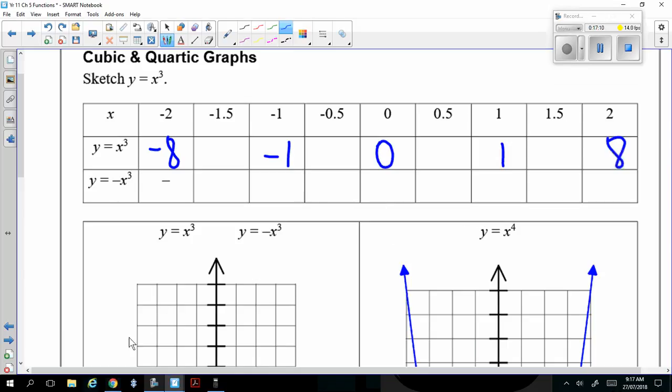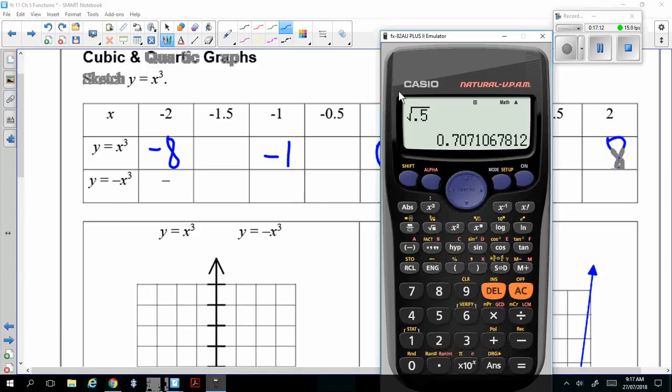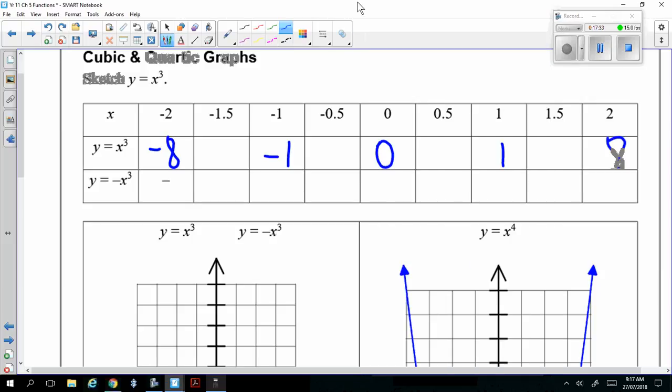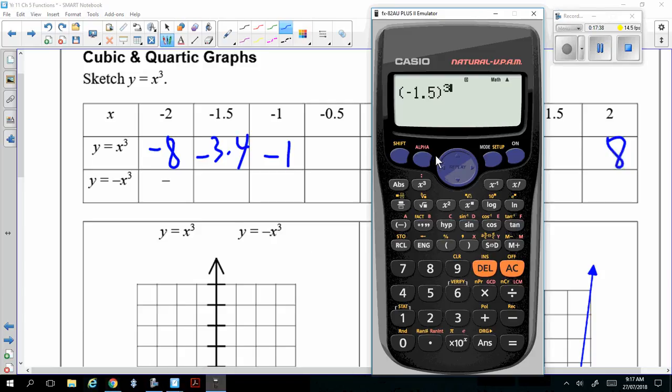Ah, hang on, that's power 3. Okay, negative 3.4, round to 1 decimal place. 0.5. 0.1. Okay, good.